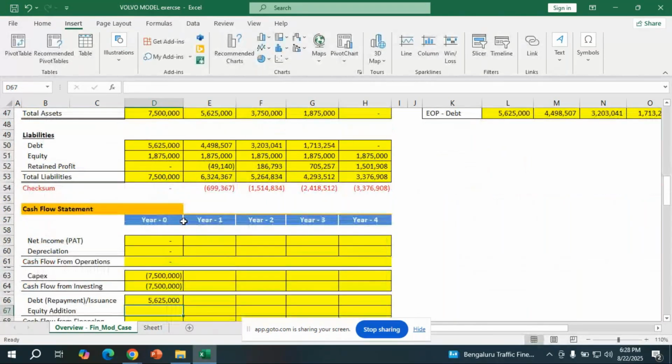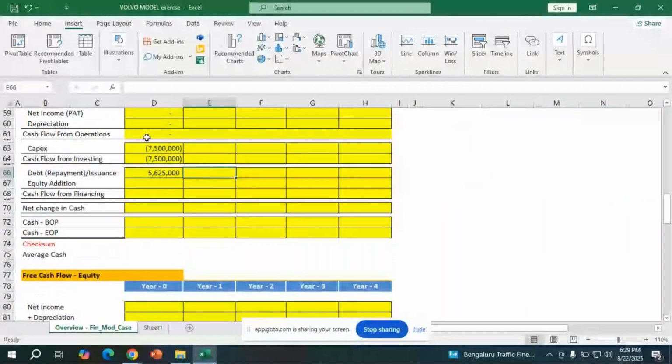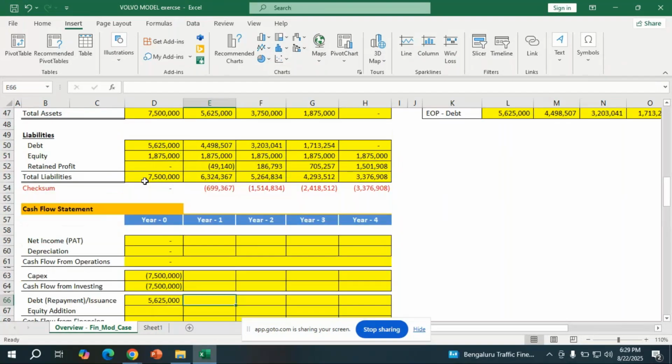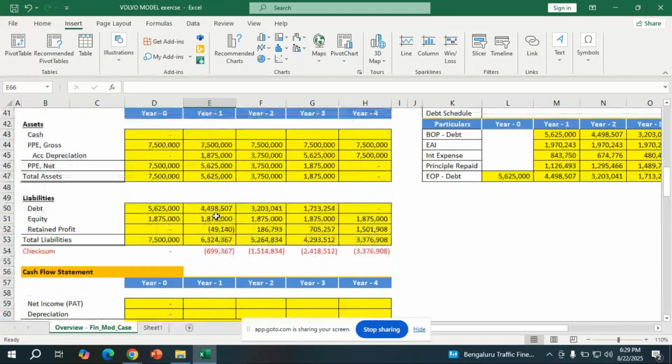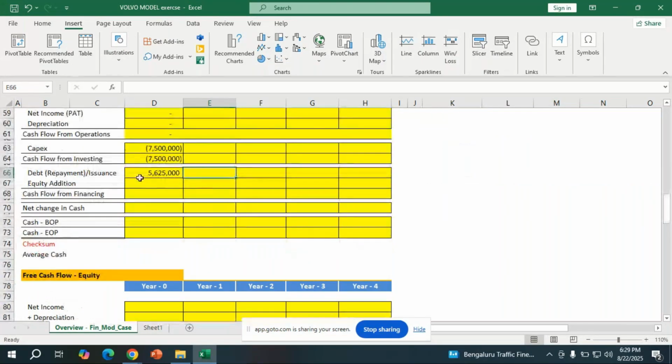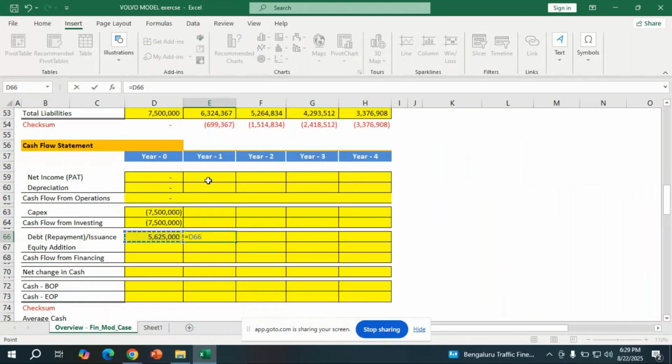Now for the second year, what happens is now in year zero, you have to repay a debt of 56 lakh 25,000. But in year one, you're going to pay some amount, right, for debt. How much will you pay? 44 lakh 98,507. So how much debt is being repaid? So equals to 56 lakh 25,000.